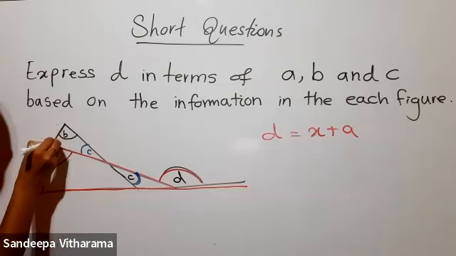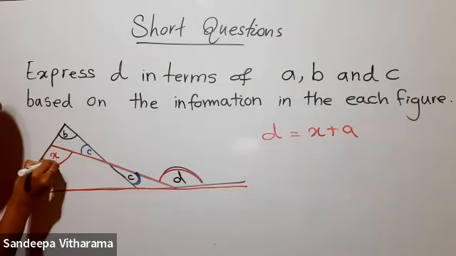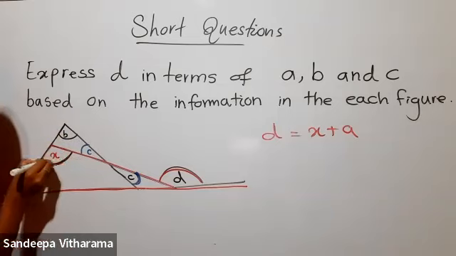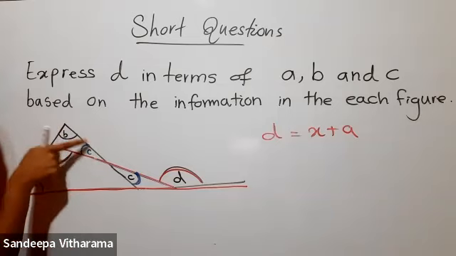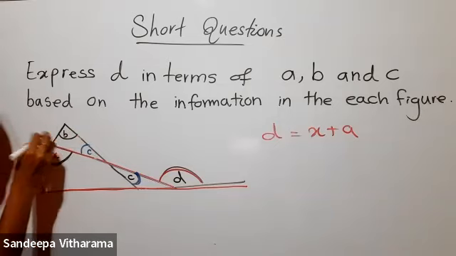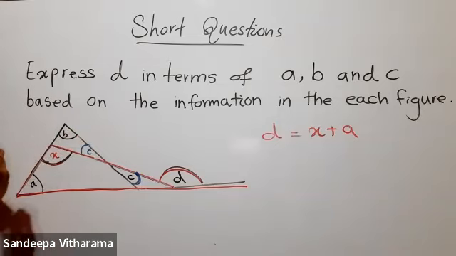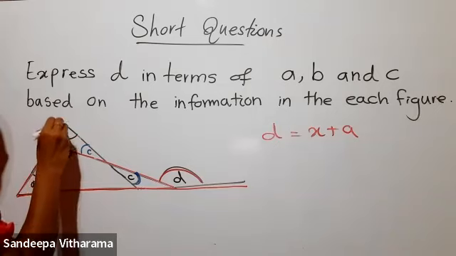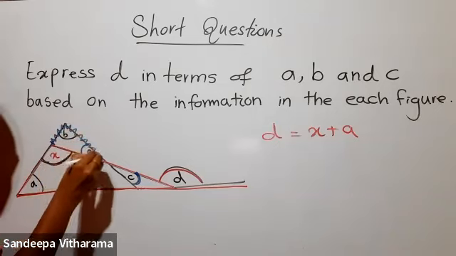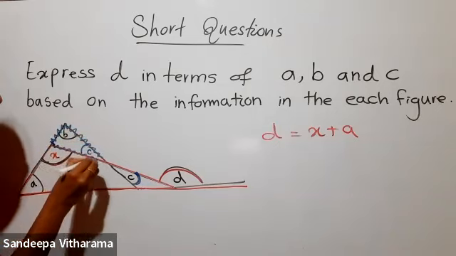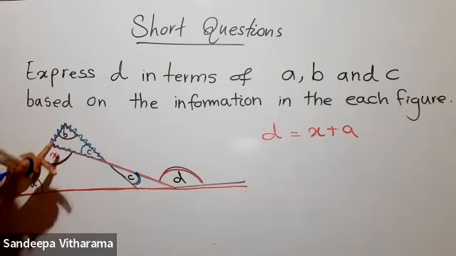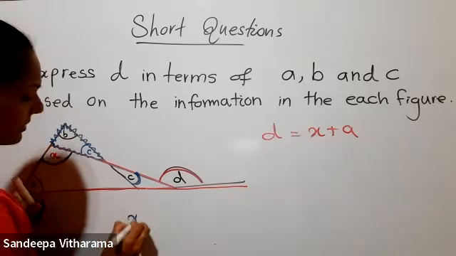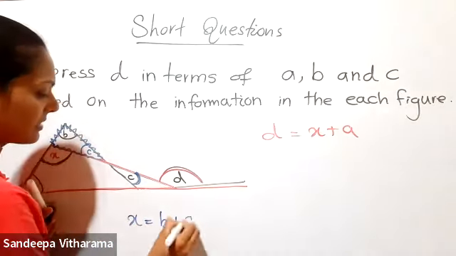Then here you can identify that this angle is formed by producing one side of this triangle. So x equals b plus c, no?